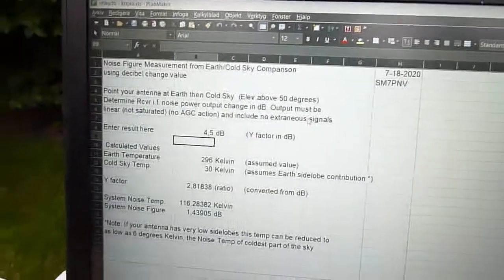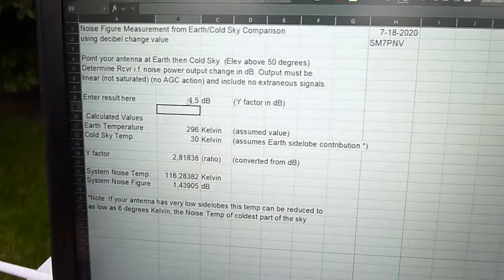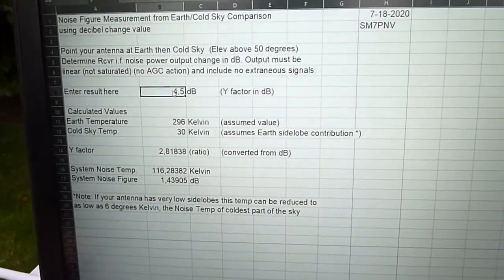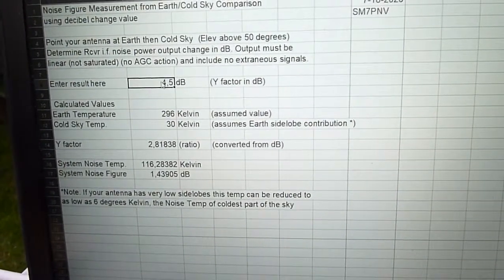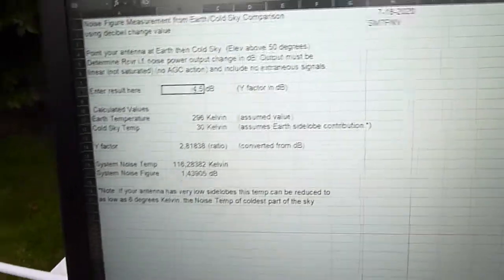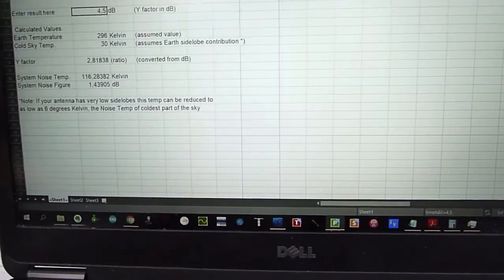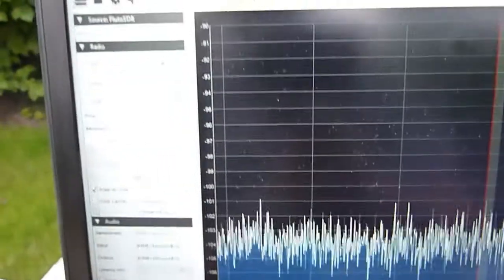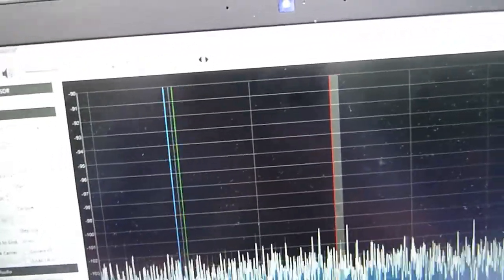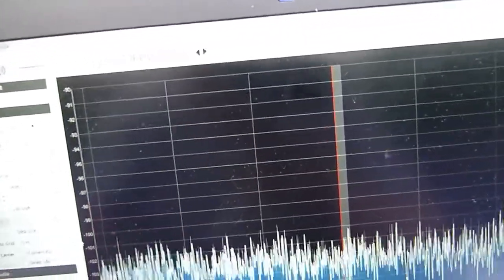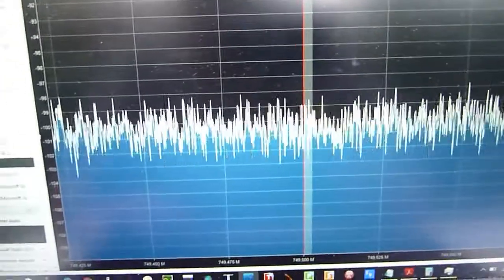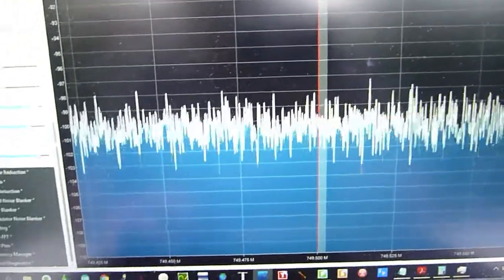So what you do is you put in the difference between the cold sky noise and the hot earth noise. If we go back to SDR Sharp again, I can show you how I did that. What you have to do is lower the speed.